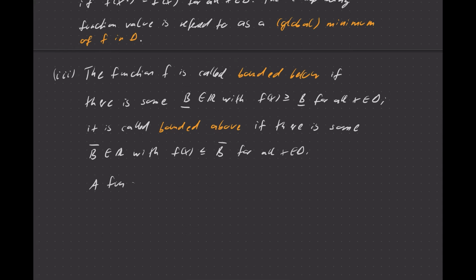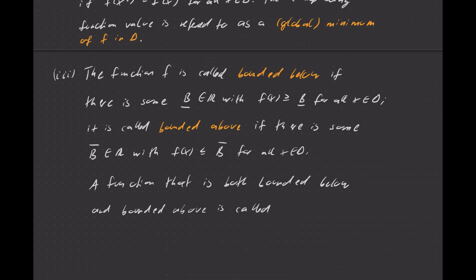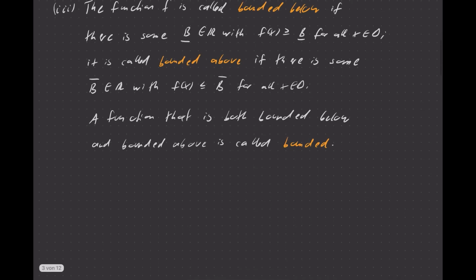So a function that is both bounded below and bounded above is simply called bounded. So of course, a function that has a global maximum and a global minimum will also be bounded.